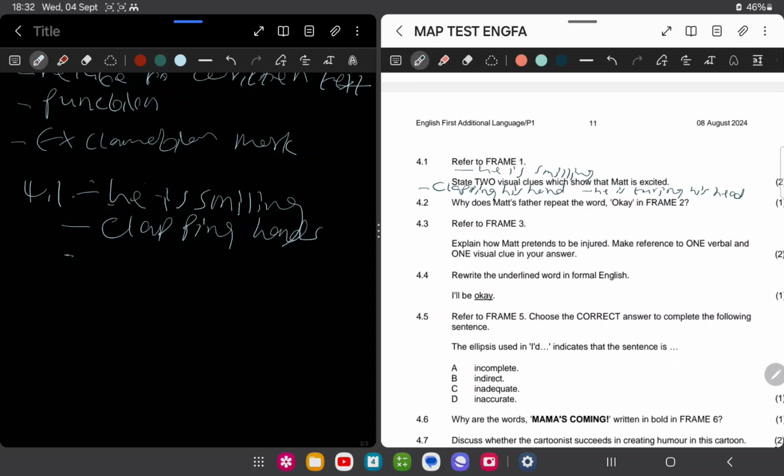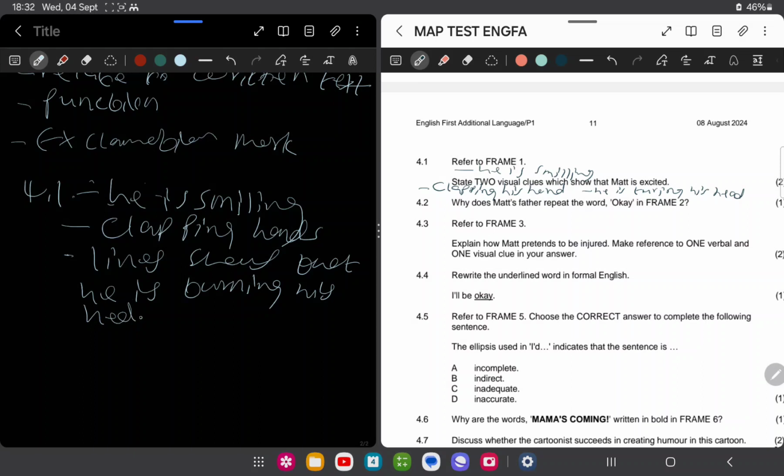Then number 3, the lines show that he is turning his head quickly.